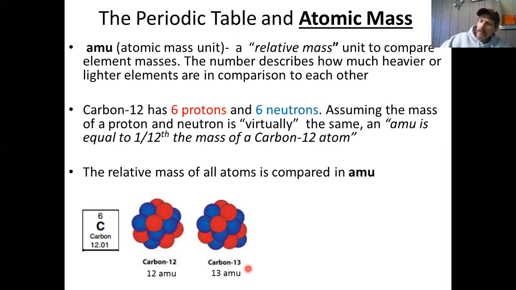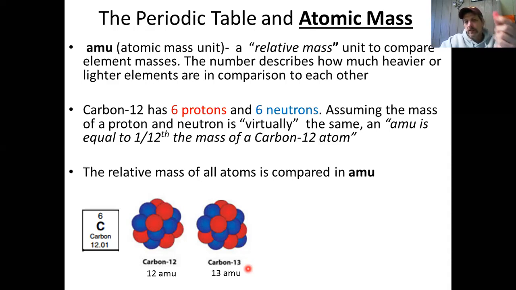So the analogy is that our pink chocolate represents our carbon-12. Our blue chocolate represents our carbon-13. Very few of the isotopes of carbon in nature are actually carbon-13. Most of them are carbon-12. So what does that mean?